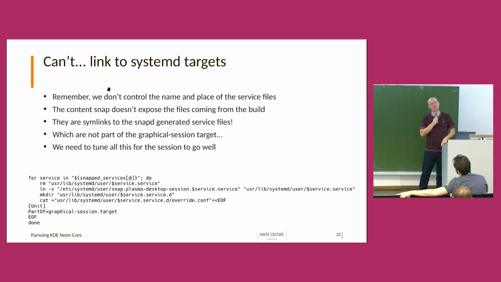Now the problem is that snapd, when it generates them, does a very limited job, so it doesn't give more advanced relationships like the one we use. Like for all our services, we're saying they are part of the graphical session target. And that's gone, right?